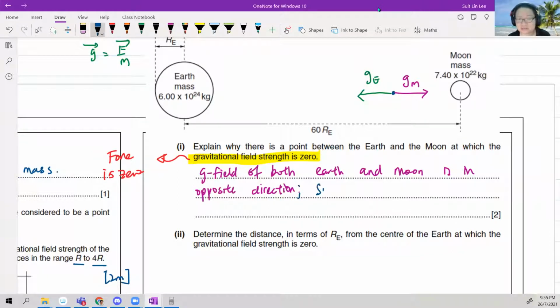They are vectors. Since the G field is a vector, it will make no sense if one is a vector and one is not. So the G field is a vector quantity.